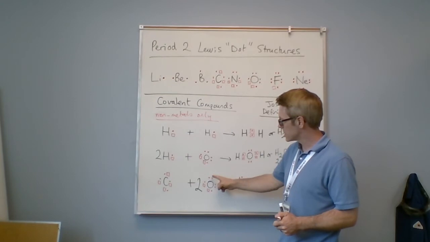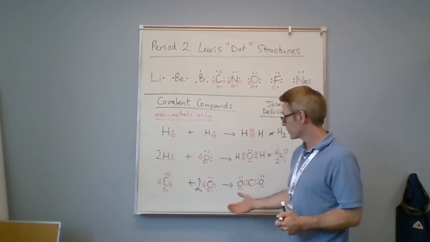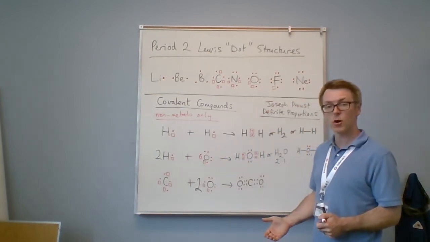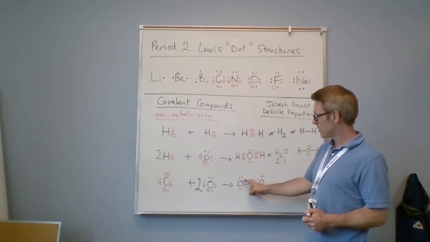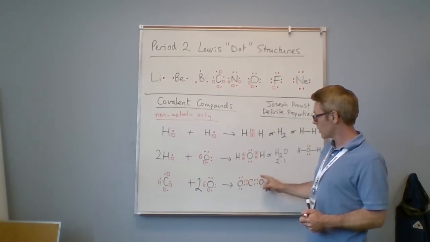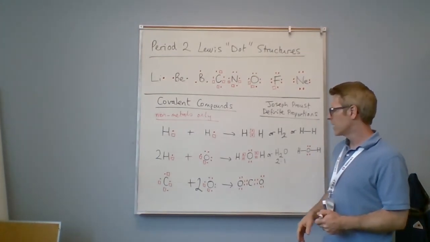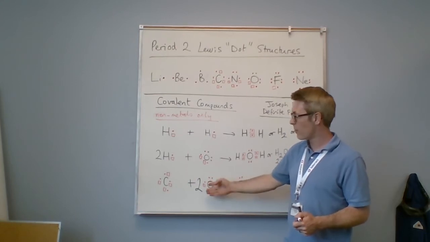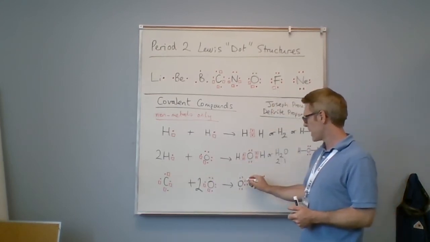Well, I've got 6 original dots, but I've scaled by 2, that's 12. And then I've got 4 from over here, so that's 16 dots total. So I've got 2, 4, 6, 8, 10, 12, 14, 16. There's my 16 dots accounted for. But I've also got 2 multiplied by 2 boxes, that's 4 boxes, plus my original 4 boxes, so I should have 8 boxes.